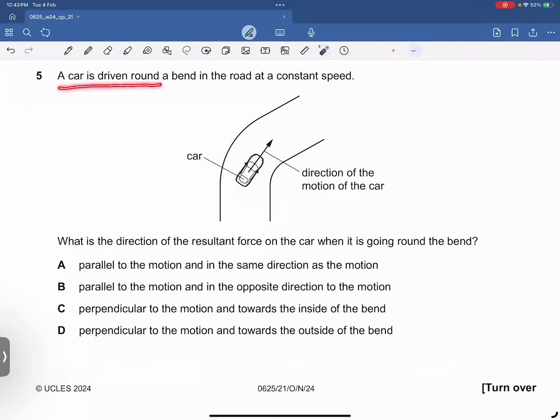A car is driven round a bend in the road at a constant speed. The direction of motion of the car, you can see, is that way. What is the direction of the resultant force on the car when it's going round? Whenever a body is moving in any circular path, the resultant force acting is called centripetal force.